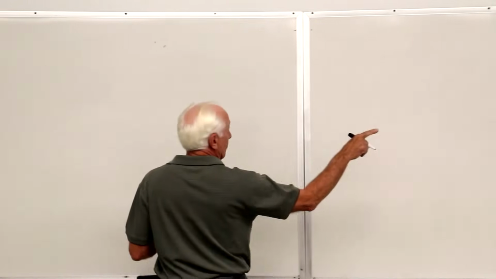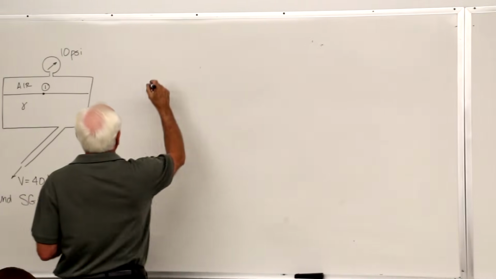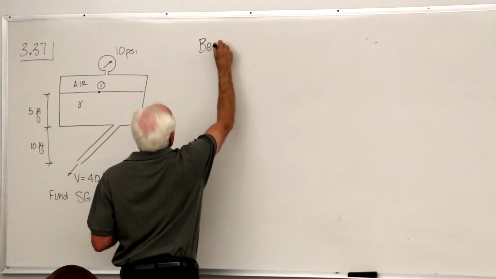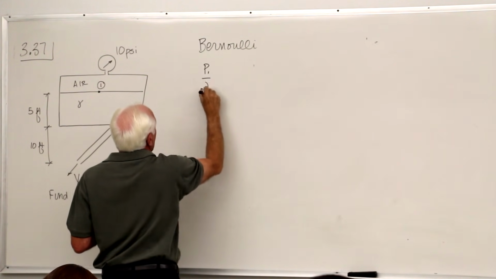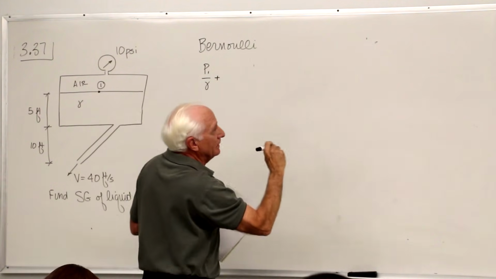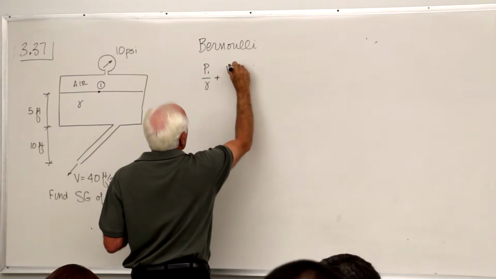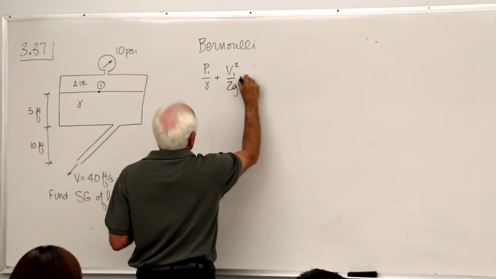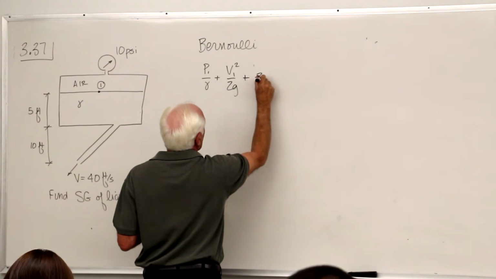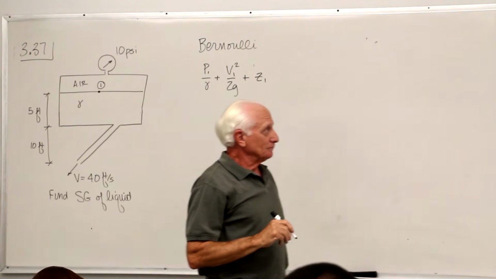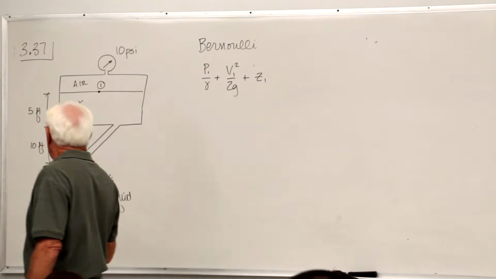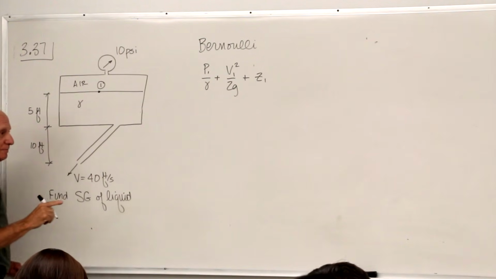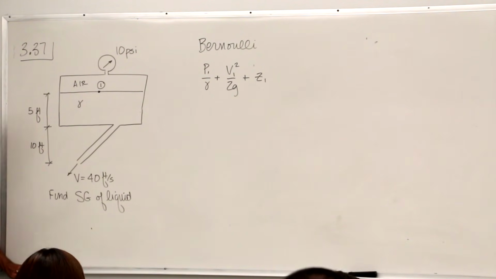So I'm going to write down that equation. Put the subscript 1. P1 over gamma plus V1 squared over 2g plus Z1. Okay, now I go along a streamline until I find a point where I know some more stuff.